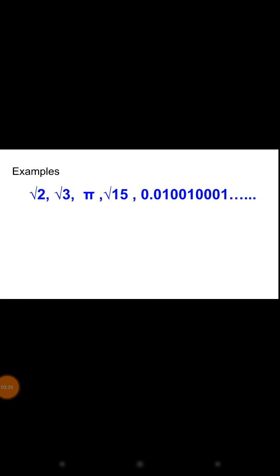Let's see some examples of irrational numbers: square root of 2, square root of 3, pi, square root of 15, 0.010010001 and so on. So these are some examples of irrational numbers. Why are these irrational numbers? Let's see.